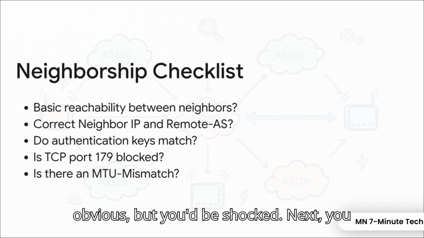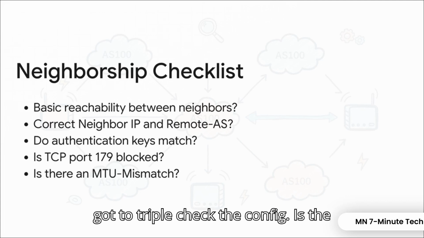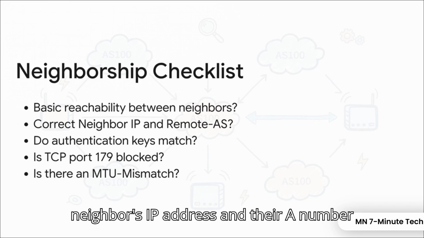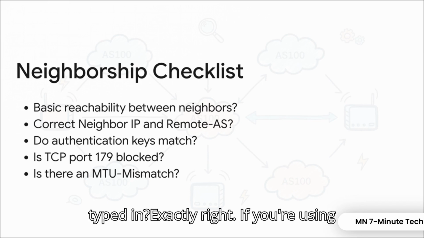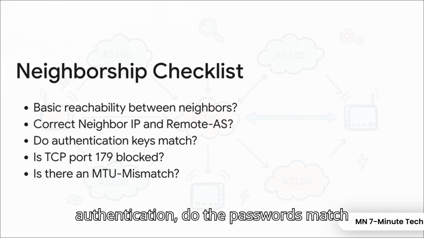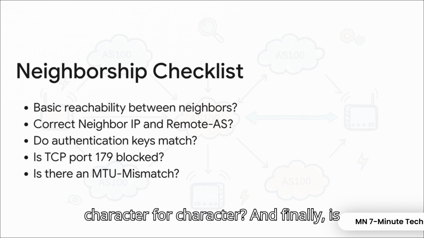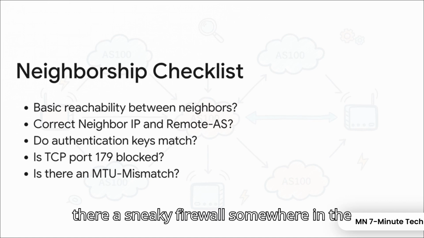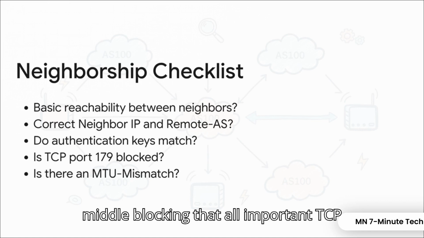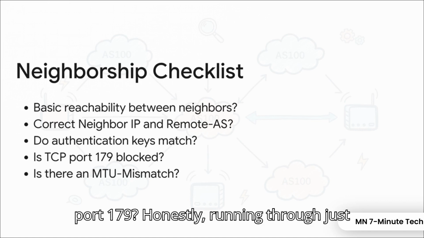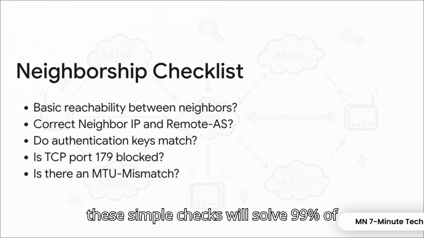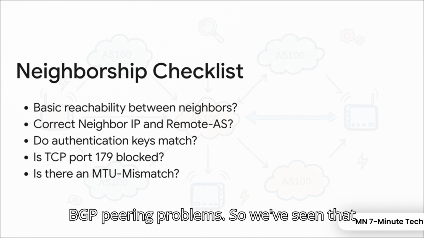It sounds obvious, but you'd be shocked. Next, you gotta triple check the config. Is the neighbor's IP address and their AS number typed in exactly right? If you're using authentication, do the passwords match character for character? And finally, is there a sneaky firewall somewhere in the middle blocking that all-important TCP port 179? Honestly, running through just these simple checks will solve 99% of BGP peering problems.